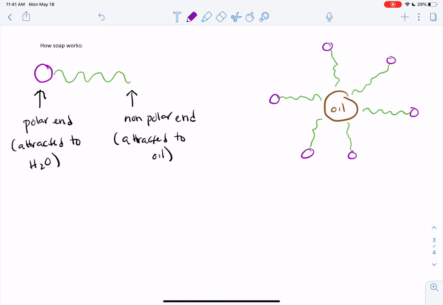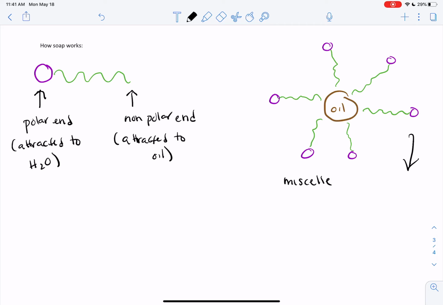So what happens is the soap molecule totally surrounds that oil, and it creates what we call a micelle. A micelle is that bit of oil surrounded by the soap molecules. And since the outside layer of these soap molecules is polar, it's attracted to water, so this whole thing is going to go right down your drain and wash away. Okay, so this is how soap works.